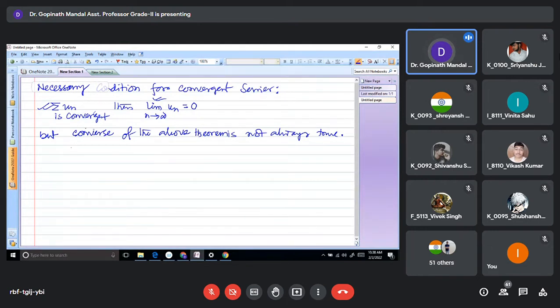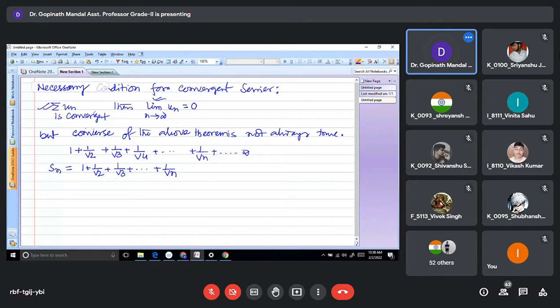Suppose we have the series 1 by root 1 plus 1 by root 2 plus 1 by root 3 plus 1 by root 4 and so on. The series is actually the sum of 1 by root n up to infinity. Now we have to test the convergence of the series. So Sn is equal to 1 by root 1 plus 1 by root 2 plus ... plus 1 by root n.